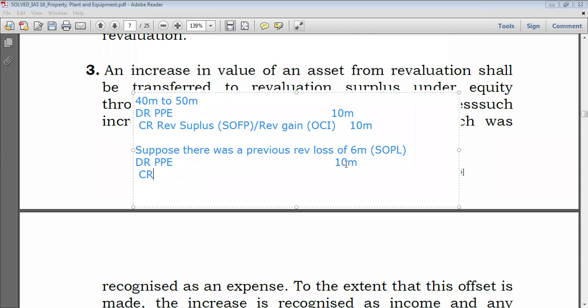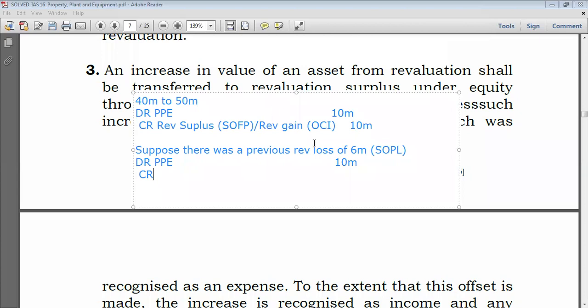But our point here now is, do we take it to other comprehensive income, or do we take it to profit or loss, or do we apportion it? What do we do? Generally, when there is a revaluation gain, it usually goes to other comprehensive income. But in case there was a previous revaluation loss, it has to go where the previous revaluation loss went.